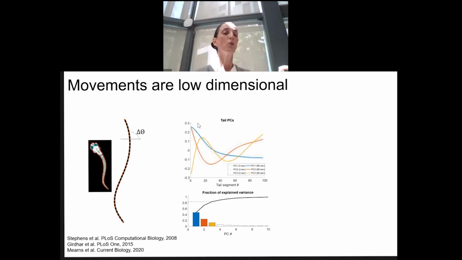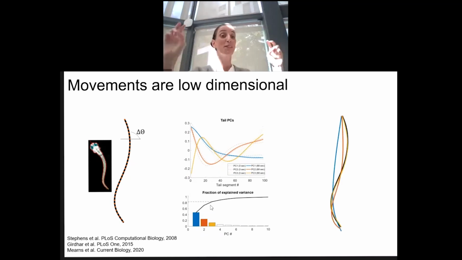We found that with three principal components, we can explain 88% of the variance of the tail flicks. So now we have an eigen fish, let's say. And now I want to reconstruct the position of the tail given these three eigen tails.